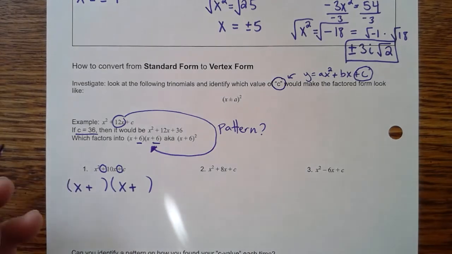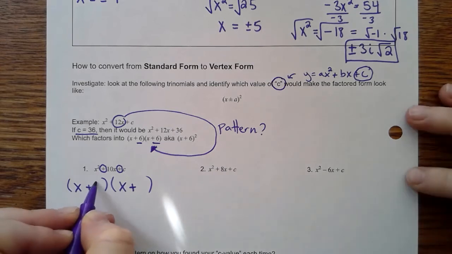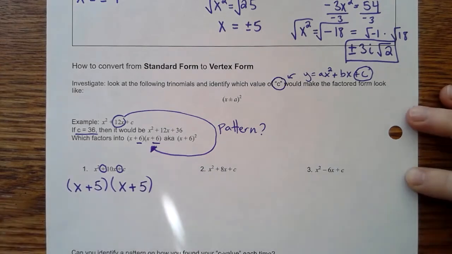So I'm trying to multiply to something but add to 10, and I want the numbers to be the same. Well, the only numbers that are the same that would add to 10 would be 5 plus 5. So this is 5, and this is 5.